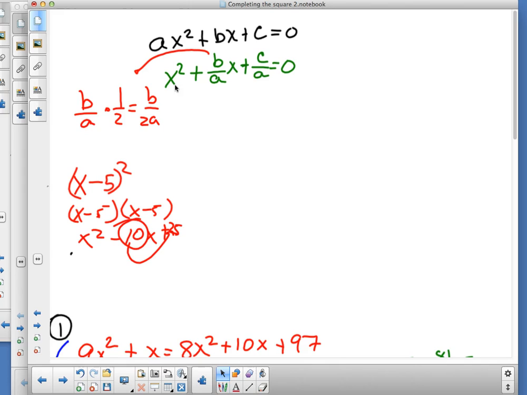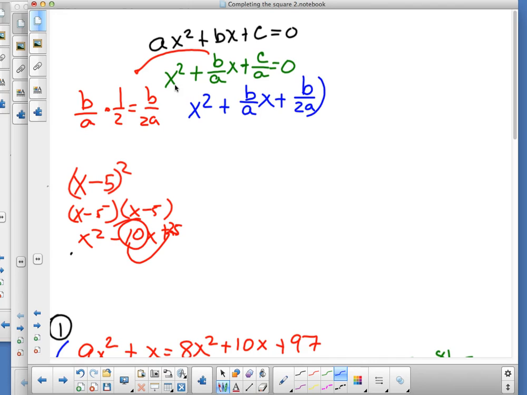And in order to reflect this, I've got x squared plus b over a x plus, now keep in mind, b over 2a squared, and now equals negative c over a. Now remember, I got this over here, okay, because I want to make a perfect square. And in making a perfect square, I've completed that on this side.